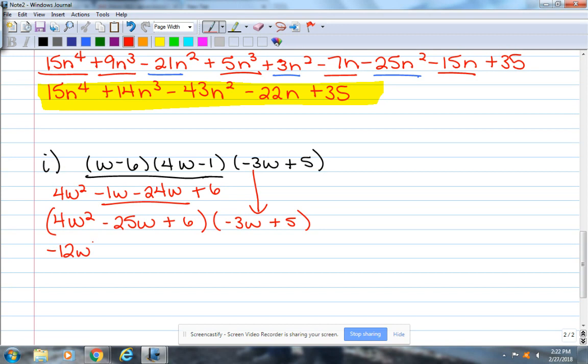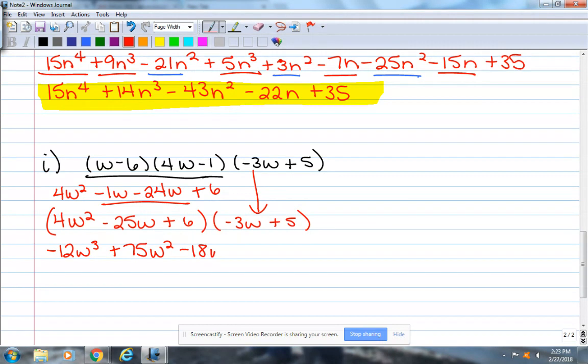-12W cubed. And then -3W times -25W is what? Positive 75. W times W is W squared. And -3W times 6 is what? -18W.